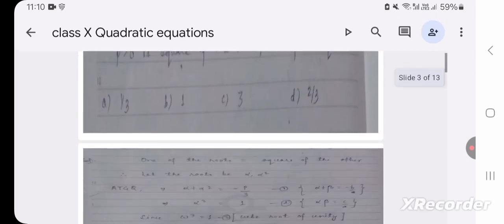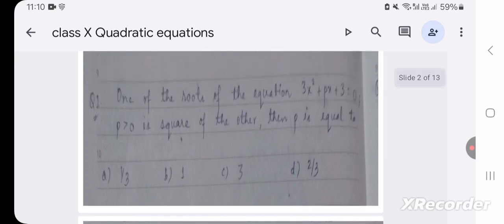Putting that value, we get alpha plus alpha square is equal to minus 1, and alpha plus alpha square from equation 1 is equal to minus p by 3. So minus p by 3 is equal to minus 1, so p will be equal to 3. So here, which option will be the correct option? We get the value of p as 3, so option C will be the correct option.